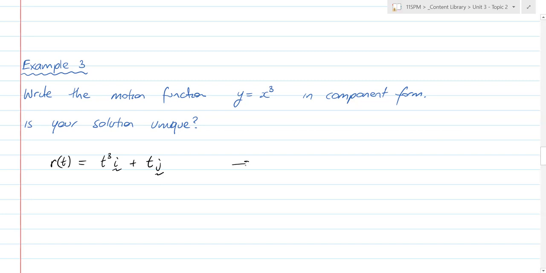So this would lead to this. x equals t cubed, y equals t, and if y equals t, I can substitute t out and put y into the x function, giving me x equals y cubed. So that means y is depending on x, whatever x is, y is that cubed.